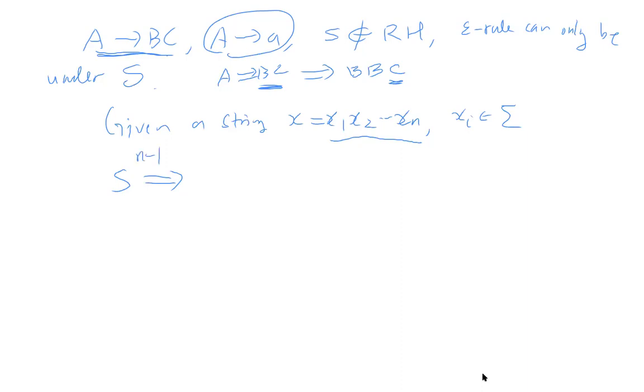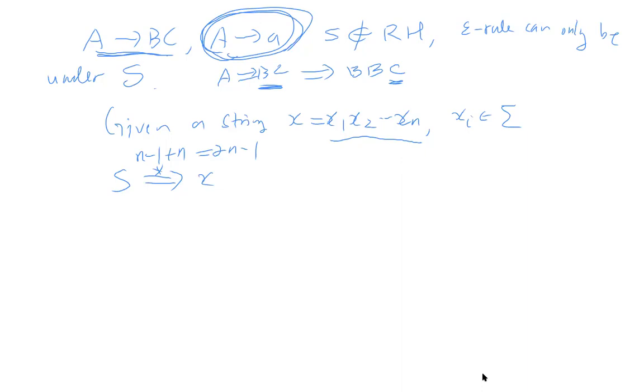And then after that, you have to replace every variable with a terminal, which gives n more steps. So you only need 2n minus 1 steps to generate x.